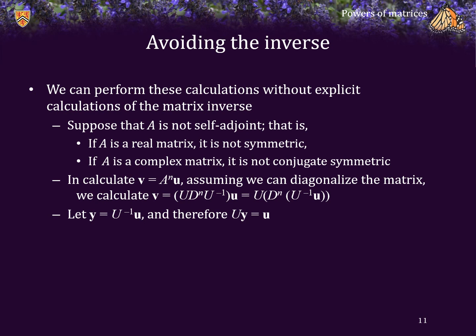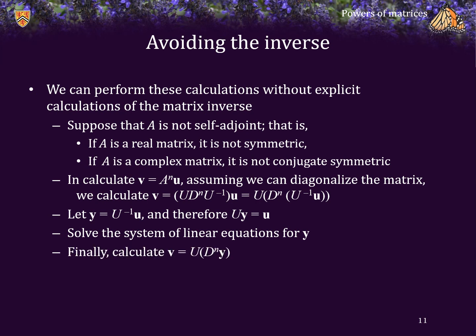So all we have to do is solve a system of linear equations for the unknown vector y. With this, we can then calculate that vector y, which we found, times the diagonal matrix raised to the power n times the matrix of eigenvectors.